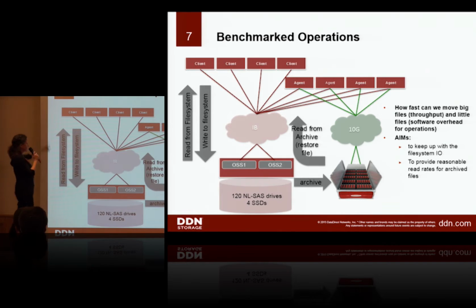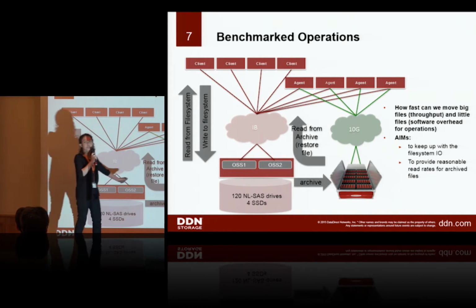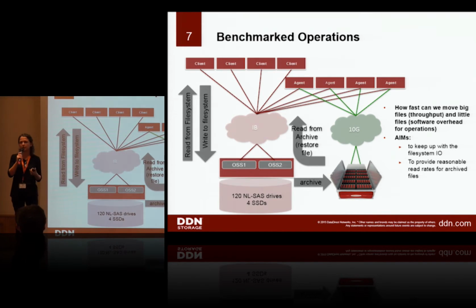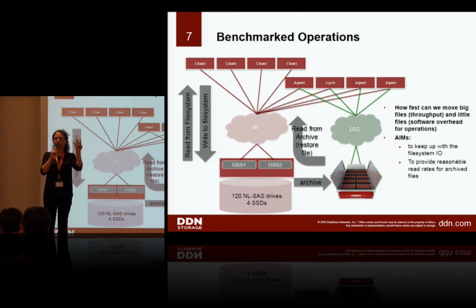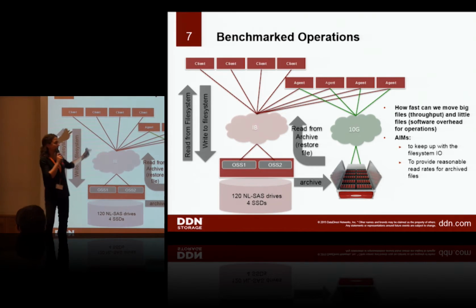For this initial testing, for reads and writes on the parallel file system, we just use the FIO benchmark tool. To archive the data, it's not a synchronous process that we can easily benchmark. We are using the Robinhood setup, so we did the movement of all the information and we were monitoring the system: when the movement started, when it finished, and we were getting stats from all the agents.